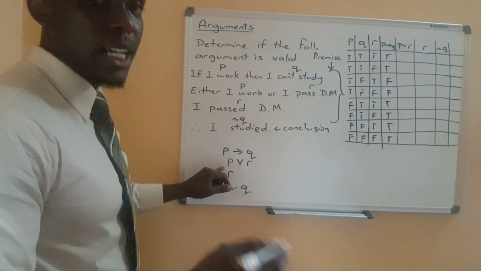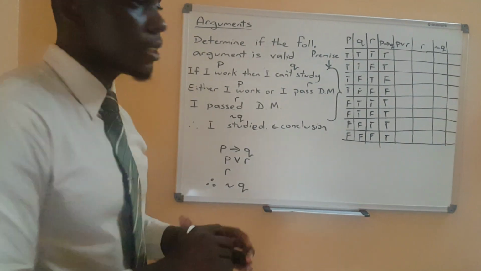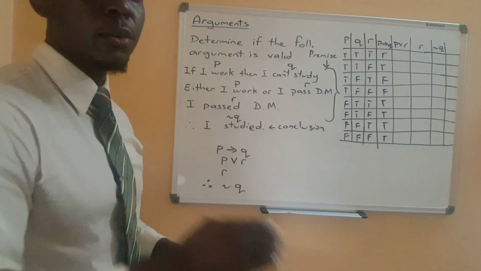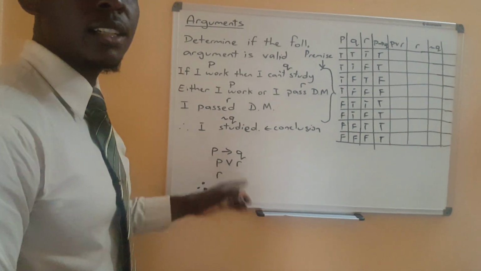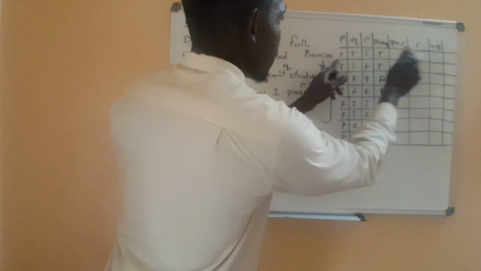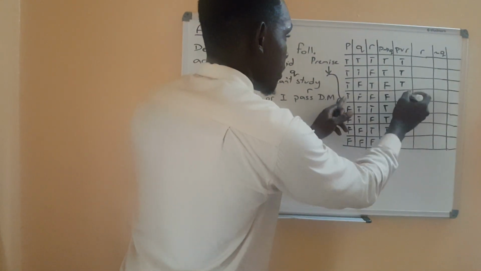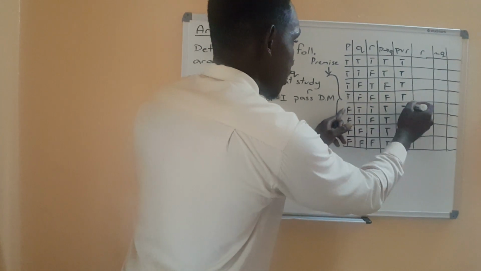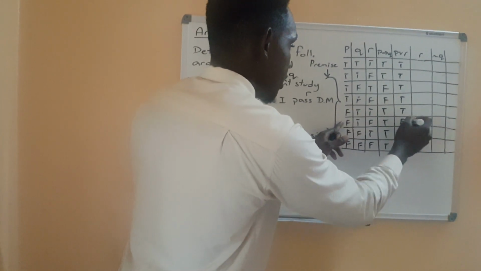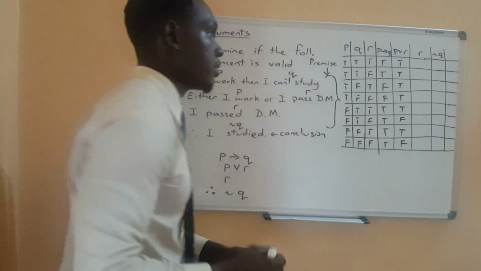For P or R, remember with the disjunction, this is only false when both P and R are false. So P or R will be true, true, true, true, true, true, true, false.